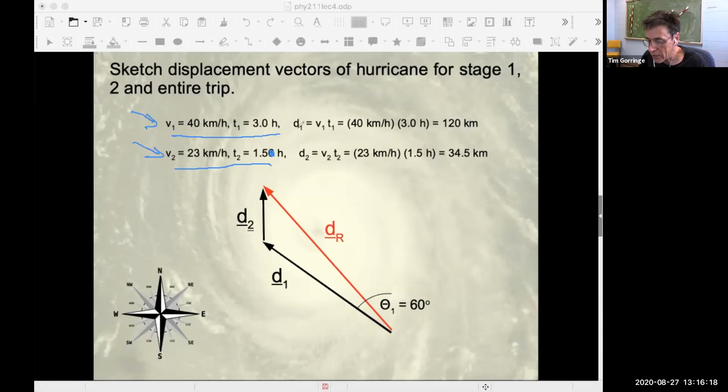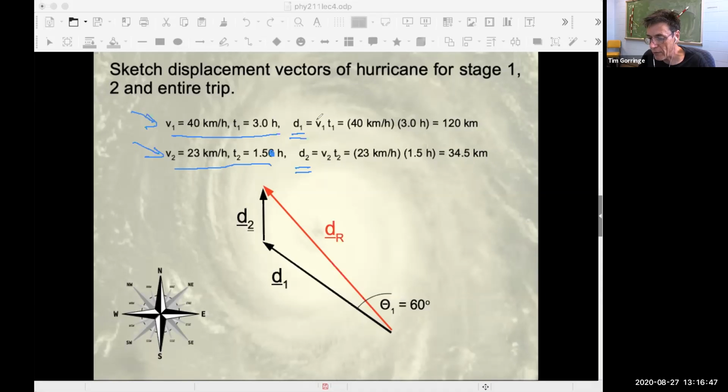I actually want the displacement vectors corresponding to the two stages of the trip. And the length of the displacement vectors, based on the relationship between velocity and displacement, d1, d2, is just the product of the corresponding velocities and the time elapsed.